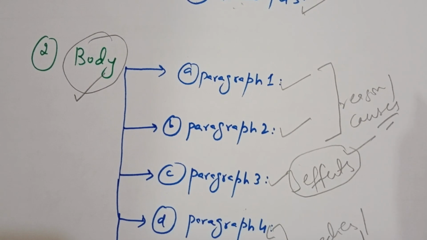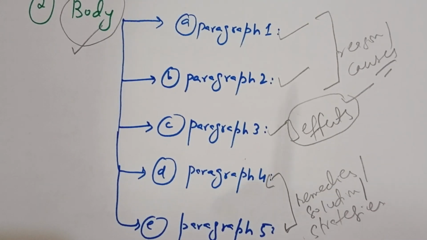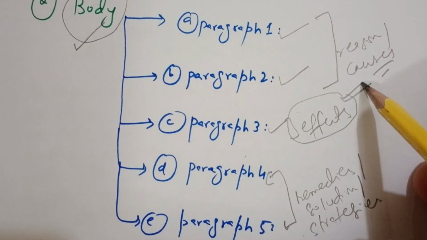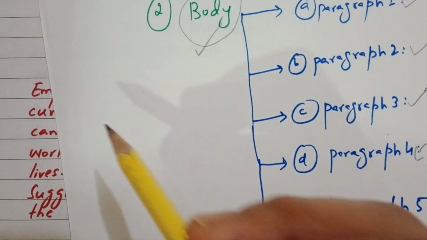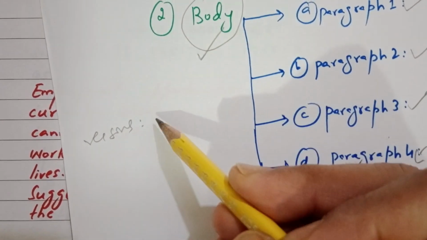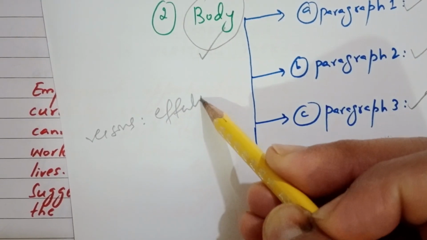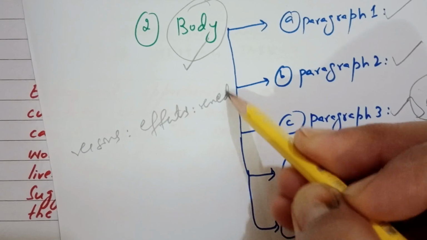Always remember that reasons and remedies are incomplete without mentioning the effects. So it is written in the format of reasons, effects, and remedies or solutions.